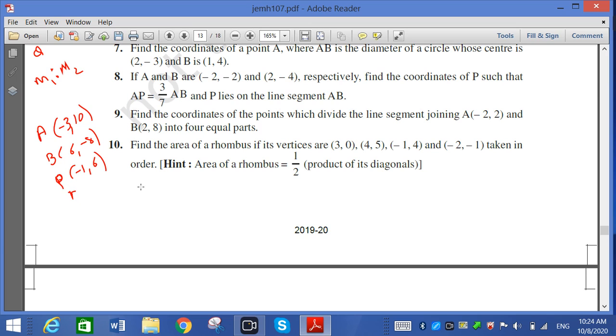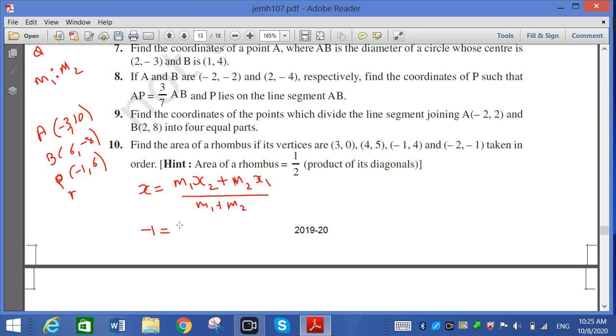We can compare any one. x is equal to (m1 x2 plus m2 x1) upon (m1 plus m2). Now the value of x here is minus 1.